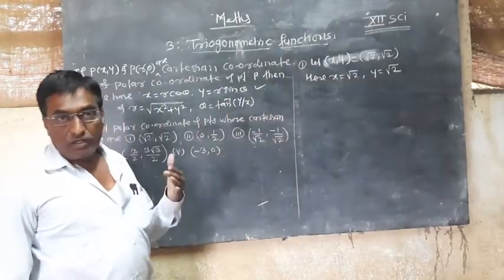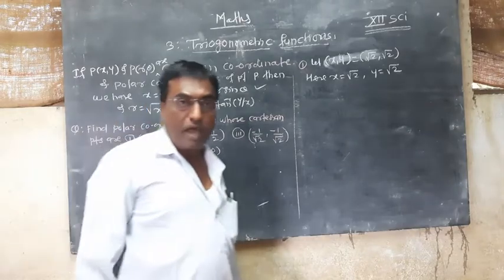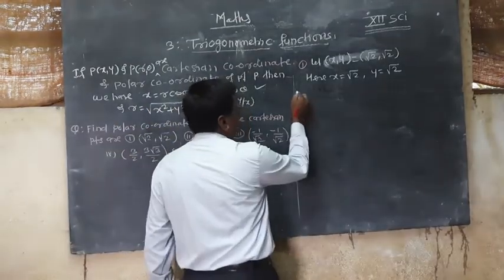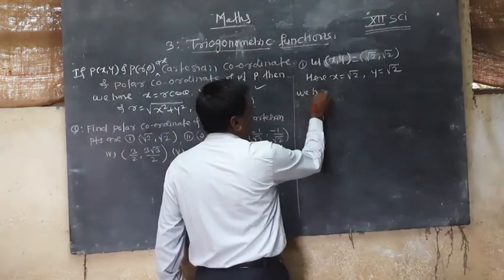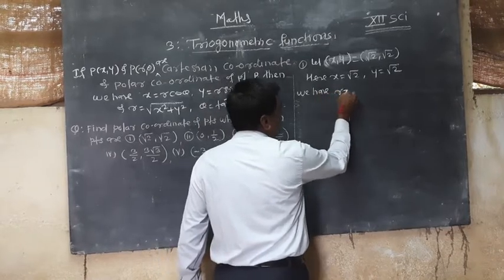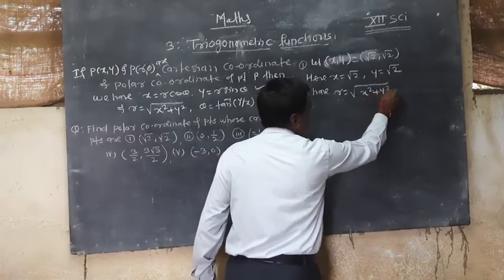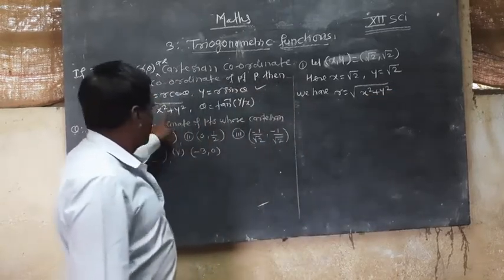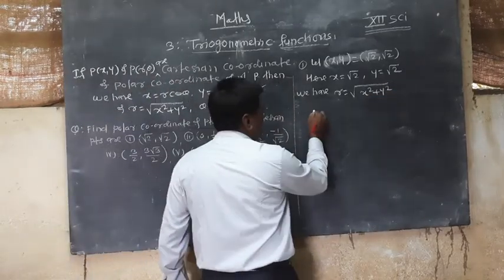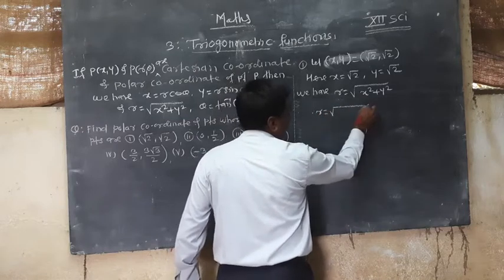Now to find the polar coordinates, we need to find the value of r and theta. We have the relation r is equal to under root of x square plus y square. Therefore substitute the value of x and y.